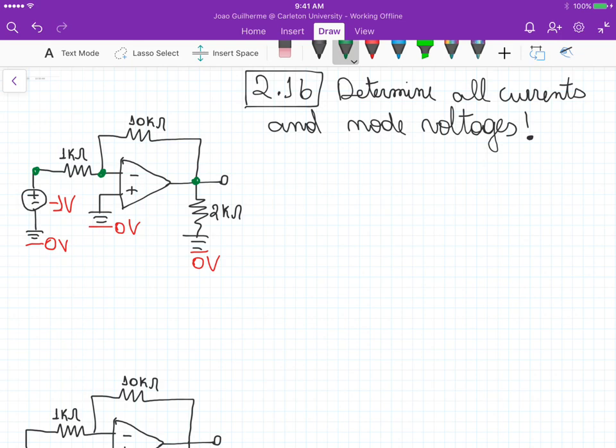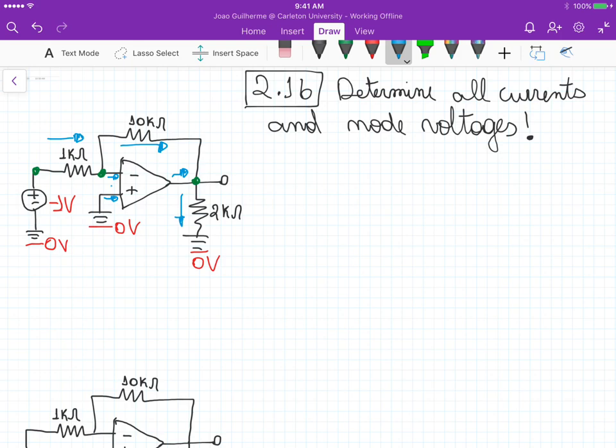Those are the nodes that we don't know the voltages. And we also have currents: we have this current here, a current here, a current here, a current here, and another one here. So those are the currents that we need to define.